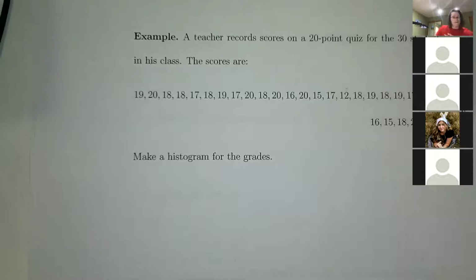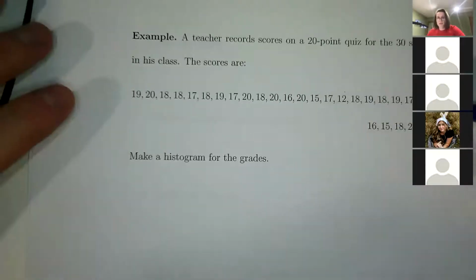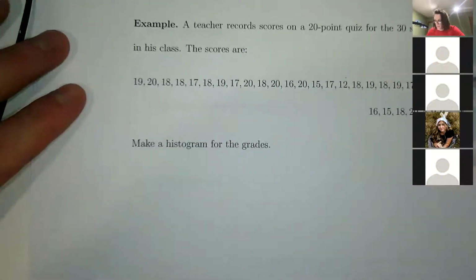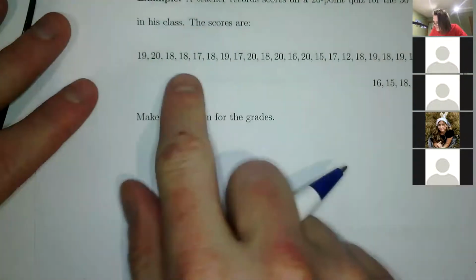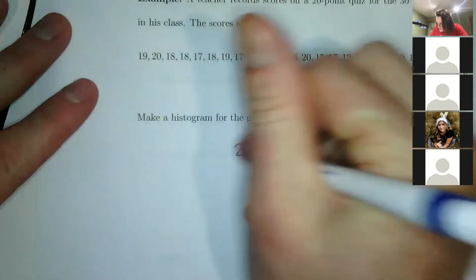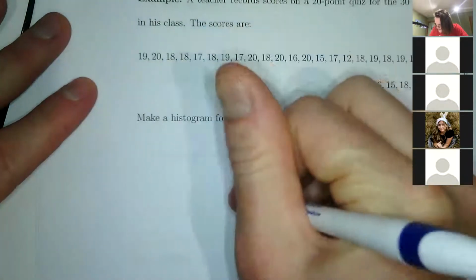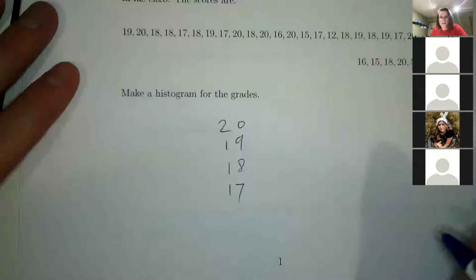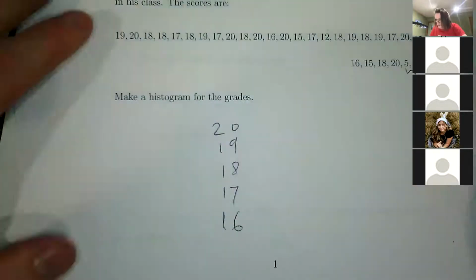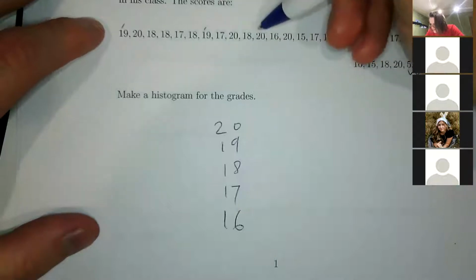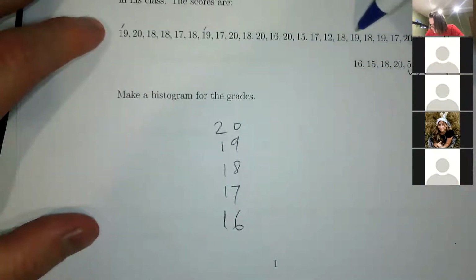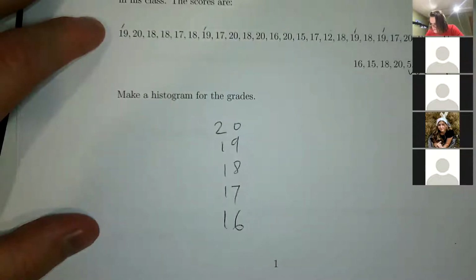All right, so we'll tally them up and then we will make our chart. To tally them up, I'm just going to go through and record. I think I have 20 to 16: 20, 19, 18, 17, 16. So I have 1, 2, 3, 4, I have 4 19s apparently.